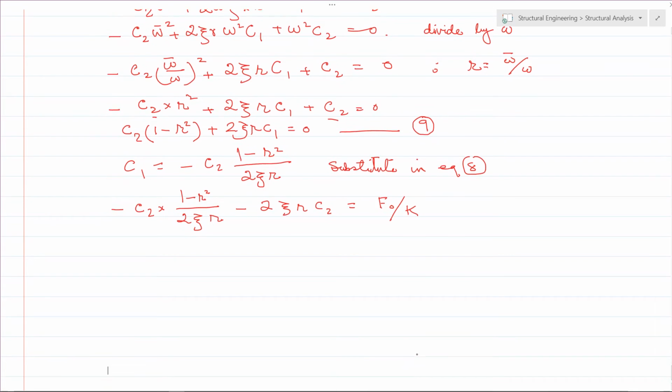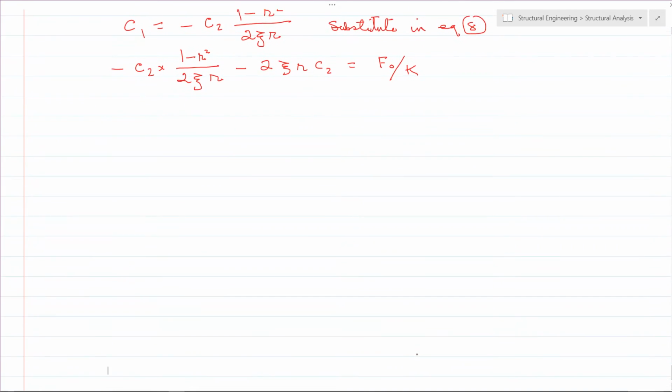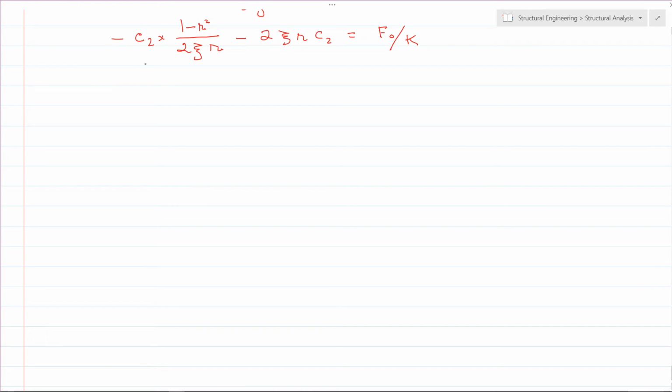So let us solve for C2. Minus C2 is common, 1 minus r square over 2 xi c r plus 2 xi c r, and that is equal to F naught over k. So now let us solve over here.